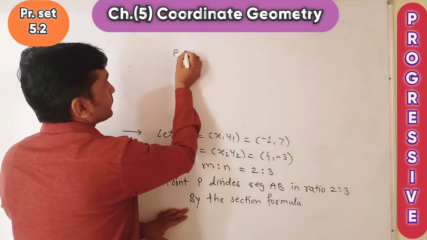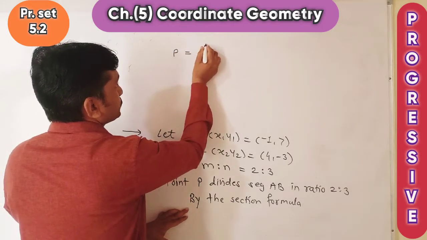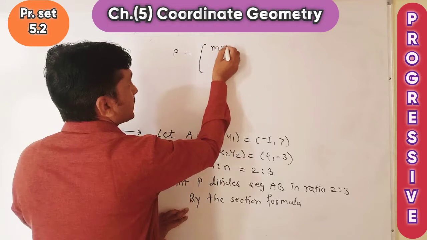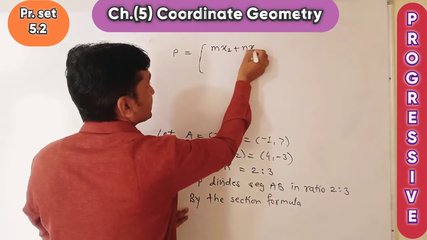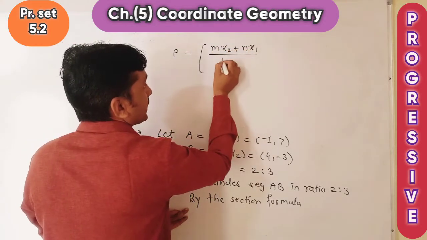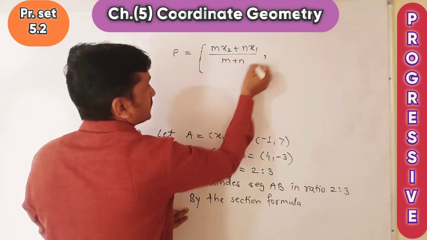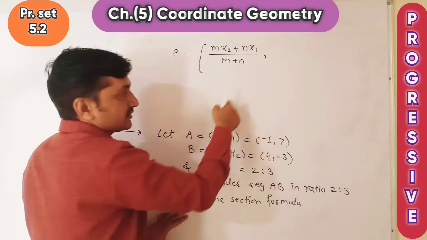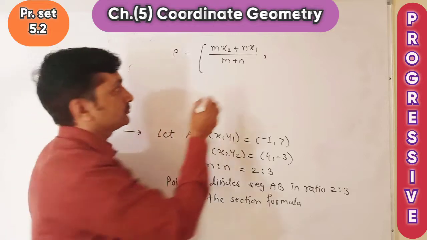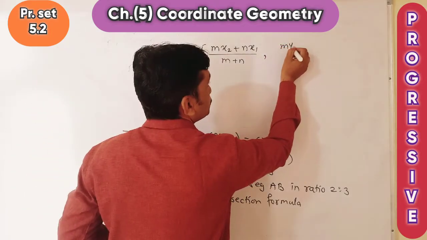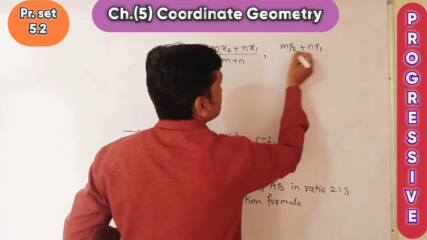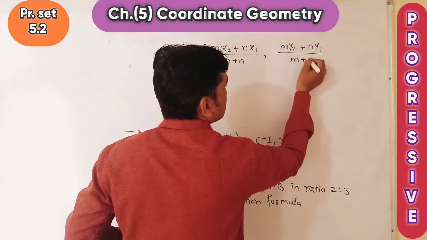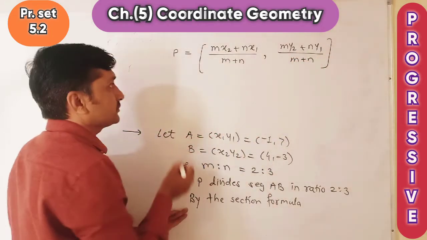P is equal to, in brackets, mx2 plus nx1 upon m plus n. By solving this we get the x coordinate. my2 plus ny1 upon m plus n. By solving this we get the y coordinate.